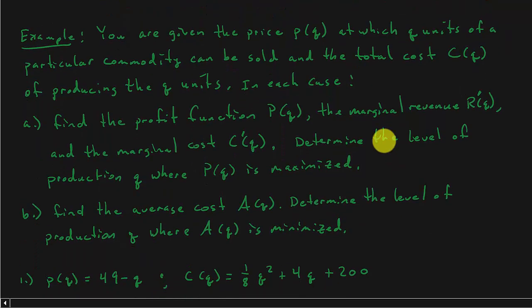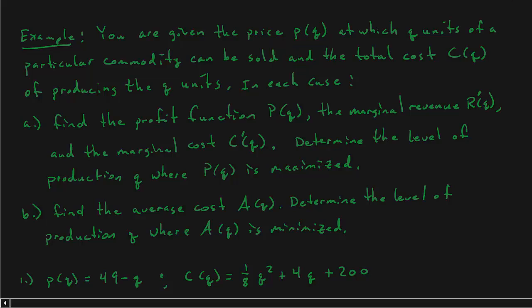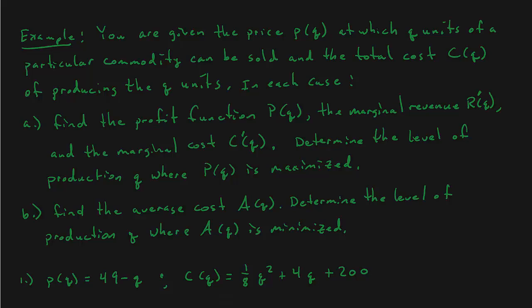All right, so it says you are given the price P of Q. That's a lowercase p. This is a capital P. So you are given the price P of Q at which Q units, Q represents how many units, of a particular commodity can be sold, and the total cost C of Q of producing the Q units.